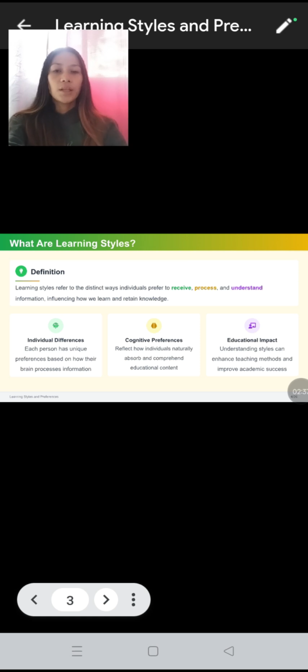So the third is educational impact. Understanding style can enhance teaching methods and improve academic success. This is the most important part for teachers. If a teacher knows that some students learn best by seeing things, they can use more pictures or diagrams.